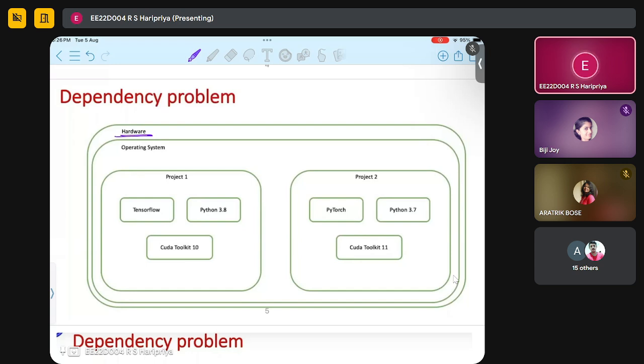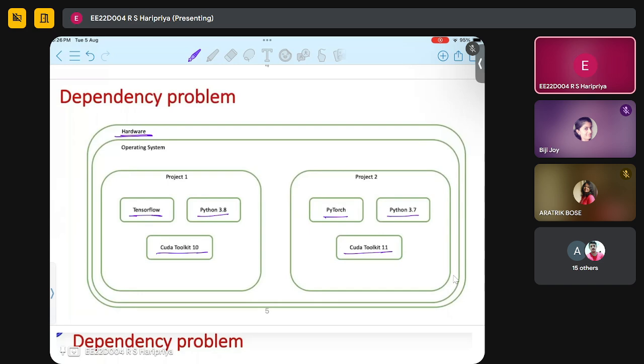Let us say we have two projects. One team is working on TensorFlow with Python version 3.8, accessing a GPU and working on CUDA toolkit 10. The other team, project 2, is working on PyTorch using Python 3.7 and CUDA toolkit 11.